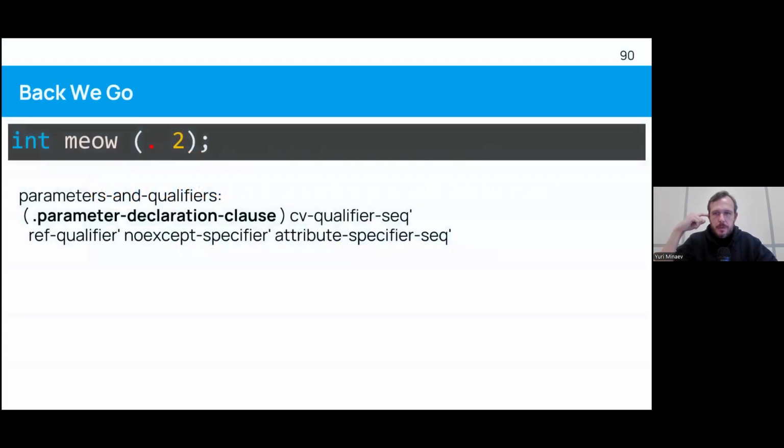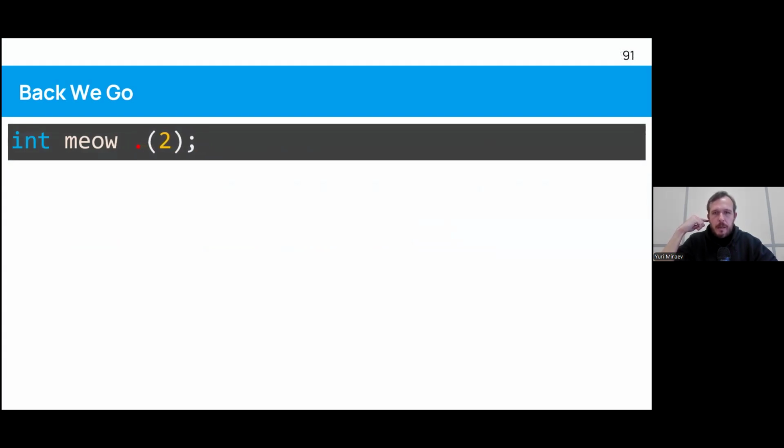So let's see how it goes. So as you remember, we are here and we get an error here, right? Instead of just saying, oh, it's an error, I give up, we go back.